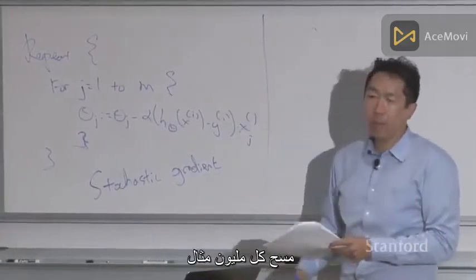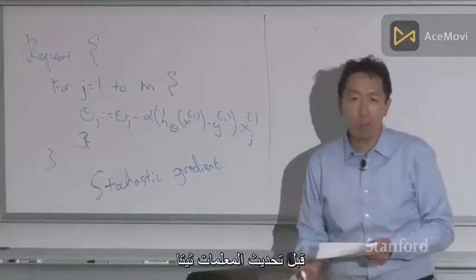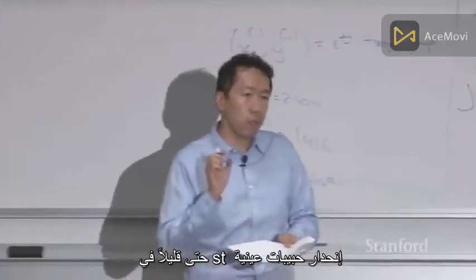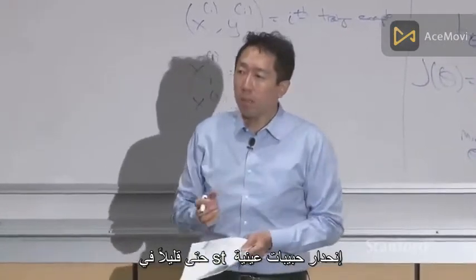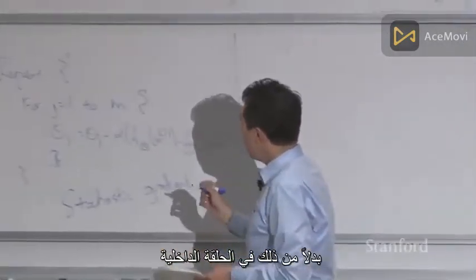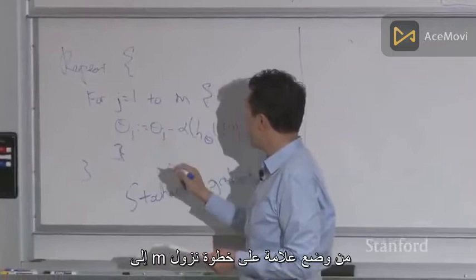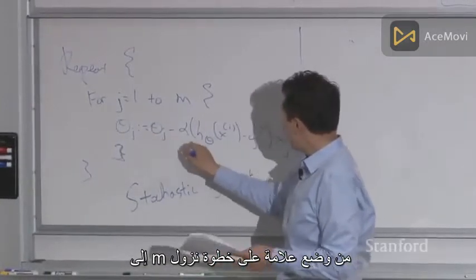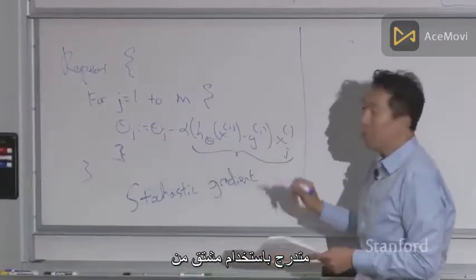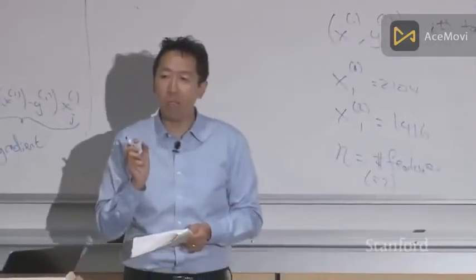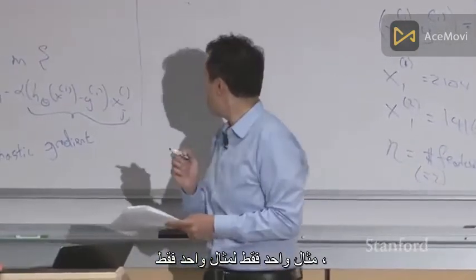Instead of scanning through all million examples before you update the parameters even a little bit, in stochastic gradient descent, in the inner loop of the algorithm, you loop through i equals 1 through m, taking a gradient descent step using the derivative of just one single example, just that one example.